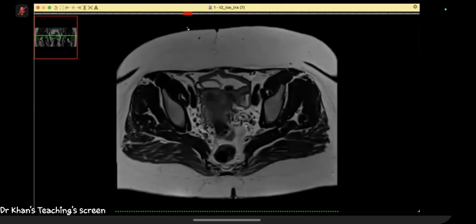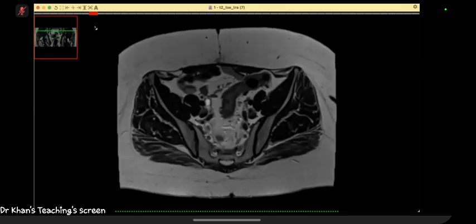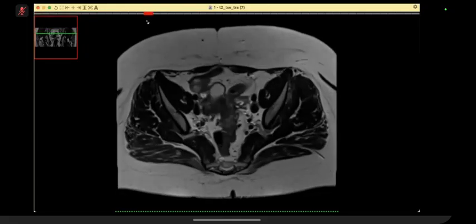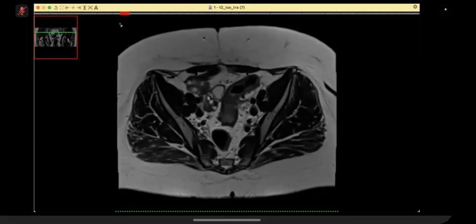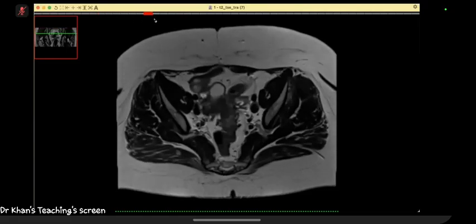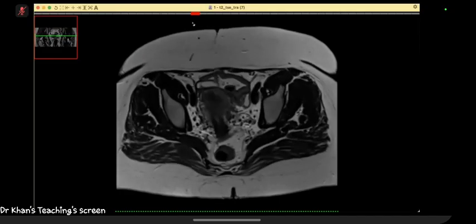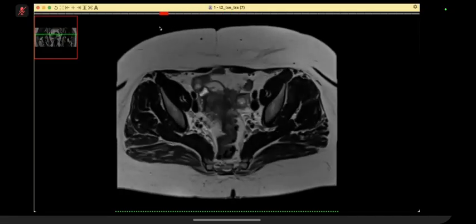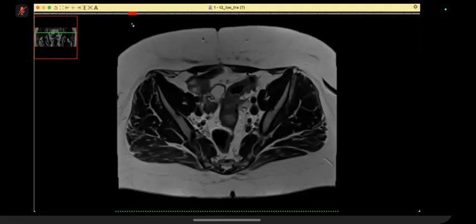Checking the right ovary. Okay, it is normal. However, there is a lesion that I'm trying to see if it is continuous with the bowel or just an adnexial lesion.